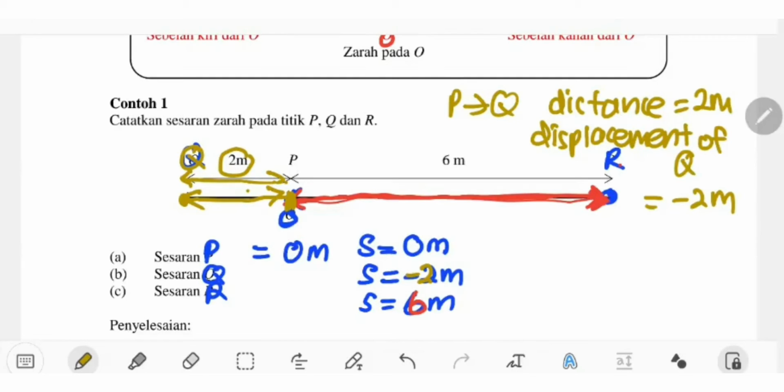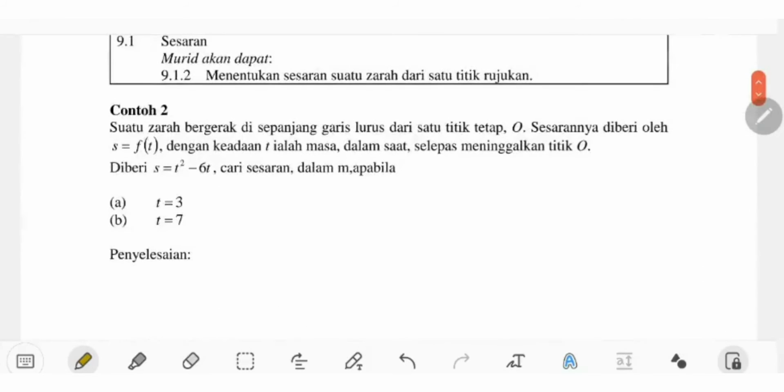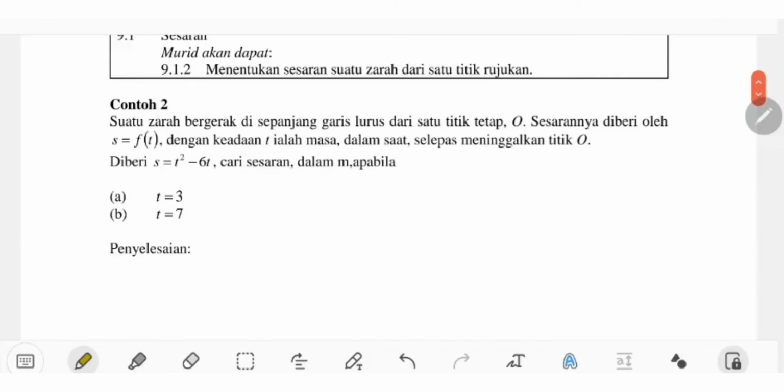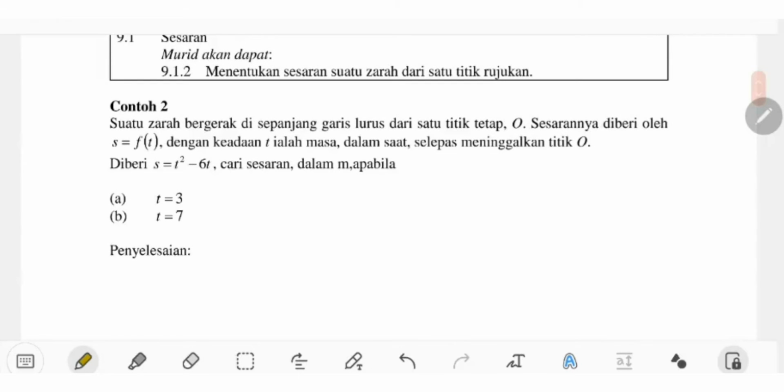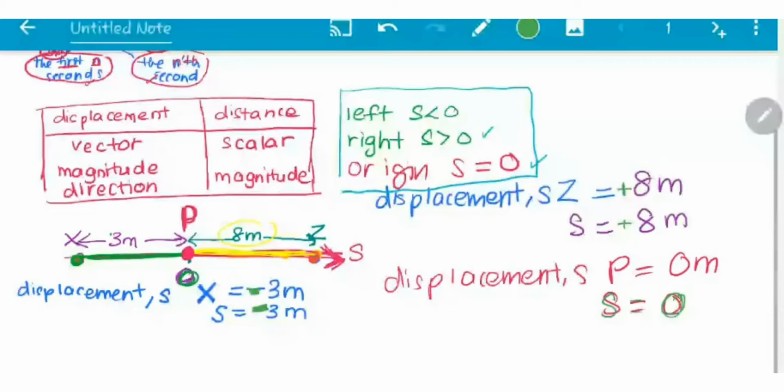Kita tengok yang pertama. Nota ni. Okay, ini yang pertama yang kita nak belajar. Kan tadi saya kata ada 3. Okay, first kita dah selesai. Next.